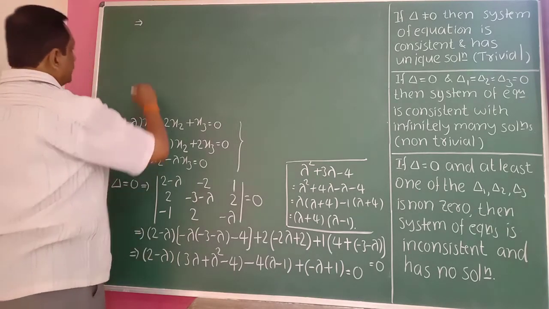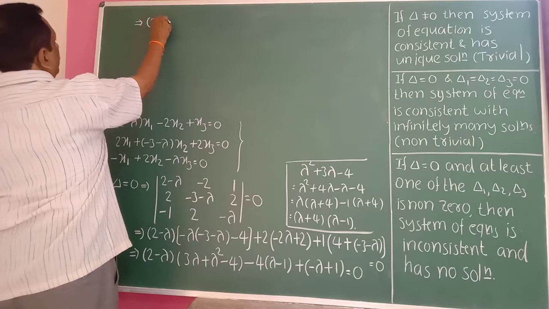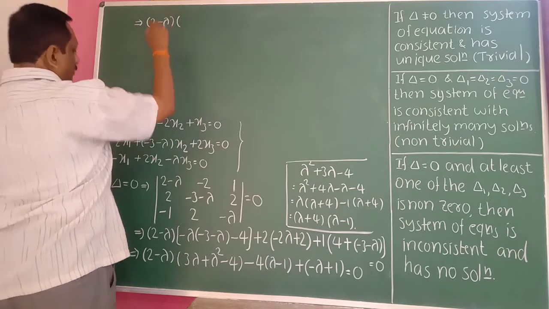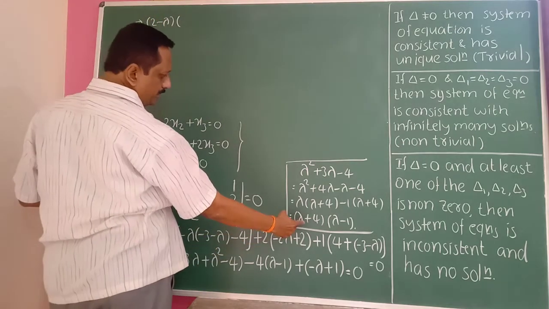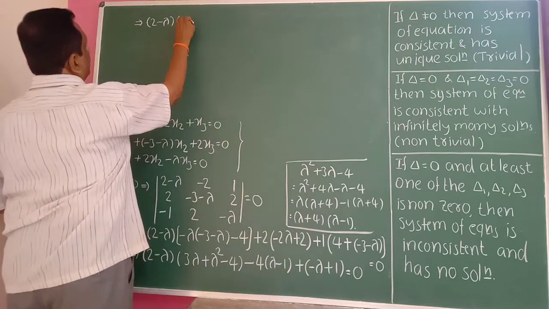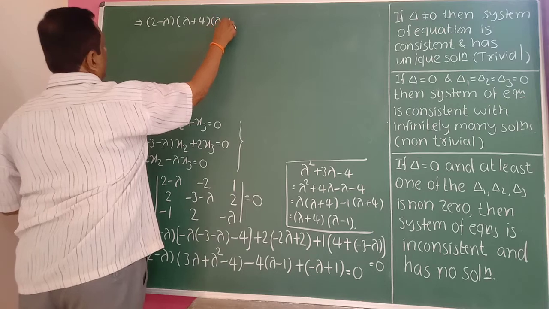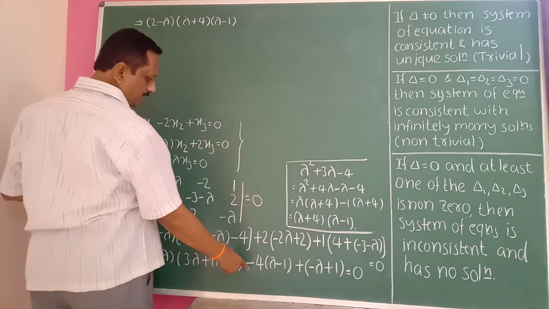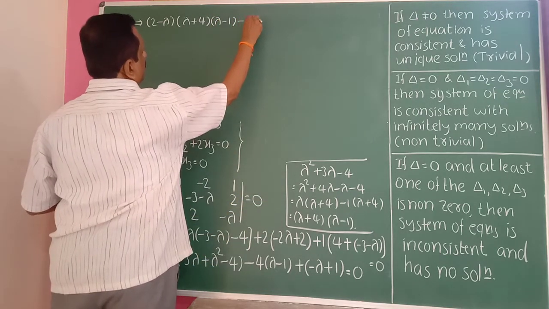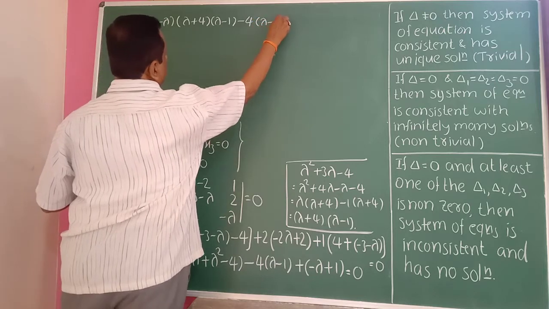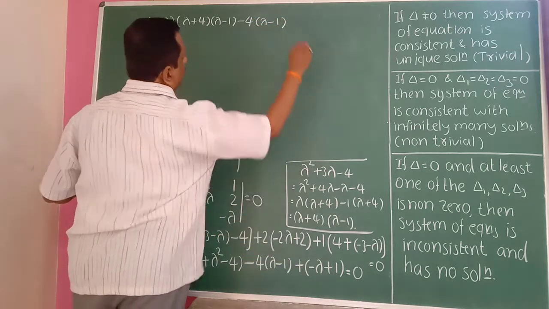Therefore 2 minus lambda into lambda plus 4 into lambda minus 1, then minus 4 into lambda minus 1, and here minus common factor.